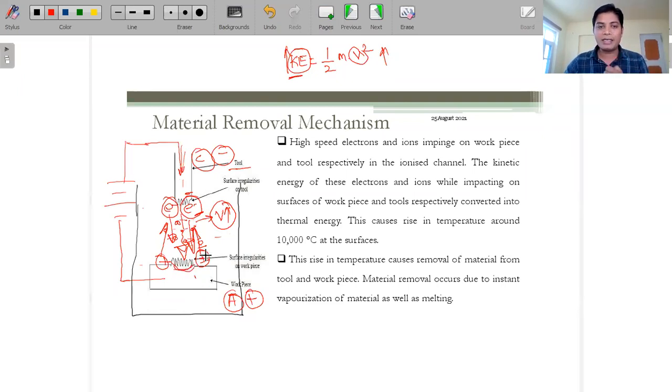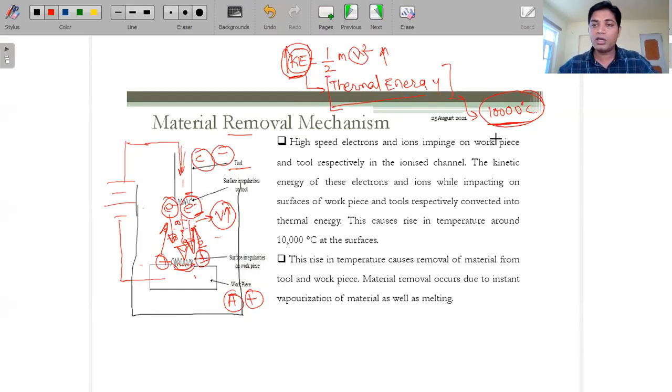This is exactly the material removal mechanism: when the kinetic energy increases, the electrons impinging over the workpiece surface have a very high kinetic velocity, so this complete kinetic energy is converted into thermal energy upon impingement. That means the temperature generated over the workpiece surface is in the range of 10,000 degrees centigrade, or more than that.